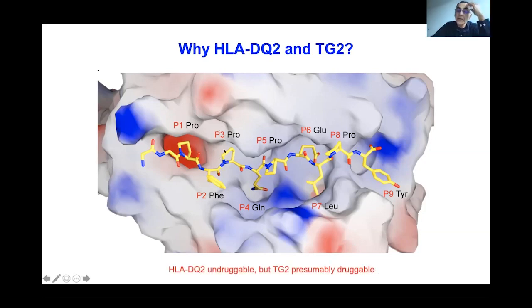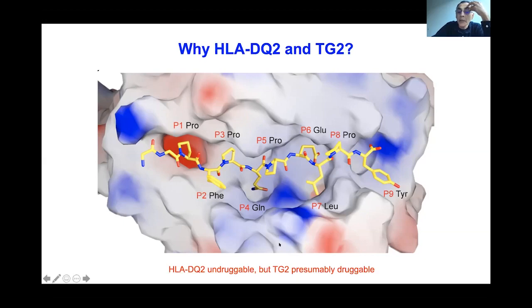Now, as we started to appreciate what was important about HLA-DQ2 and TG2, what became also clear was that because DQ2 is a gain of function type of a target, it probably is an undruggable target in the context of this disease. However, TG2 is essentially just a cysteine protease-like enzyme, which operates on the side chain amide of protein rather than the backbone.